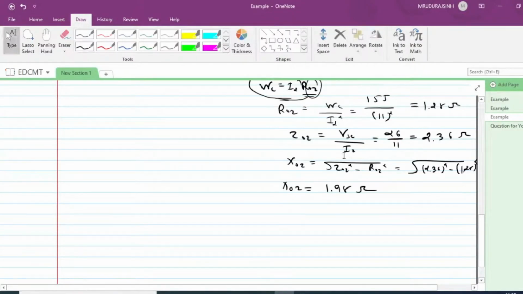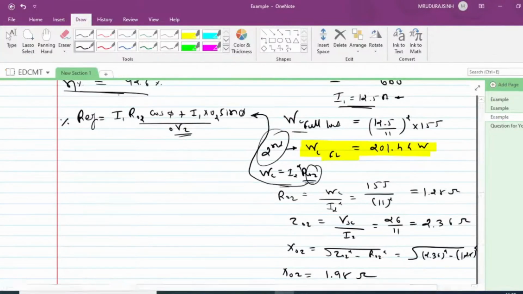So all the quantities that we require are now known to us. So let's place the values. Current is 12.5 multiplied by R02 which is 1.28 multiplied by cos phi, that is 0.8, plus 12.5 multiplied by X02 which is 1.98 multiplied by sin phi, that will be 0.6, because whenever cos phi is 0.8, sin phi is 0.6.